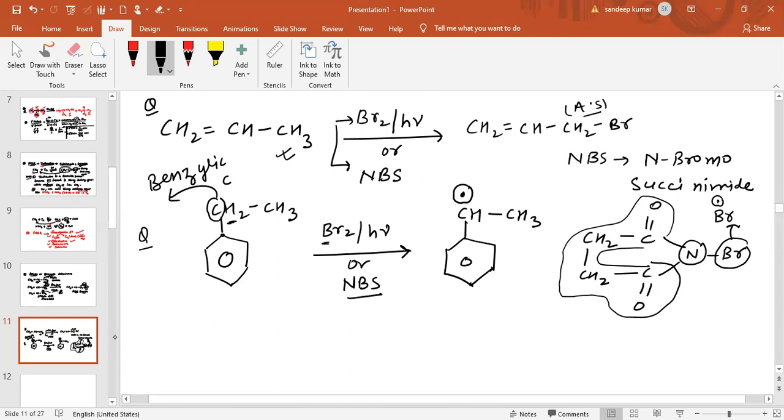Now, from these two reagents, the free radical obtained is bromine, and this bromine will attack on this carbon, and the product obtained is C6H5-CHBr-CH3. So in this way we can prepare the product.